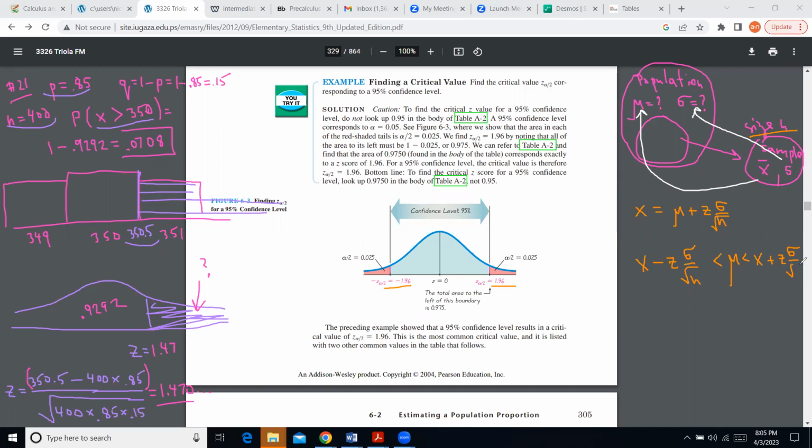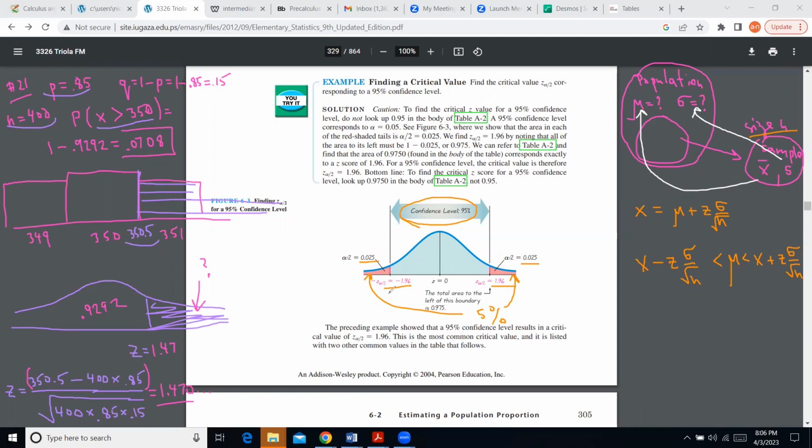So they call this a confidence, or probability, 95% estimate, so that the 5% will be broken into 2 equal pieces because the picture is symmetric, so it's split equally. And each piece will have an area of 2.5% or 0.025.